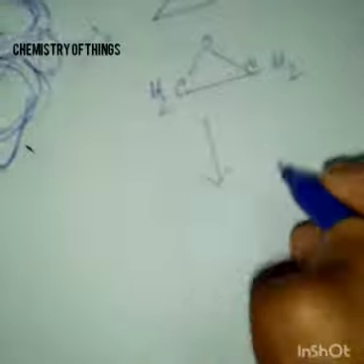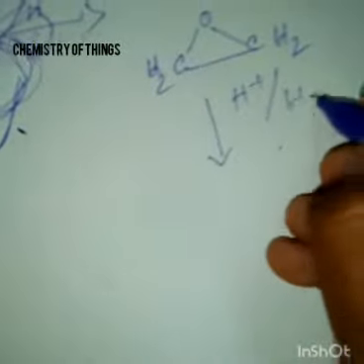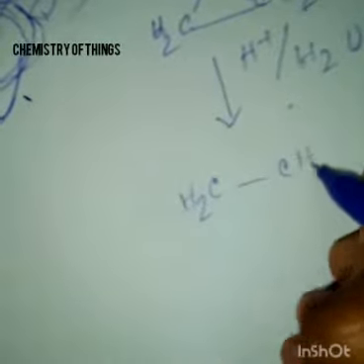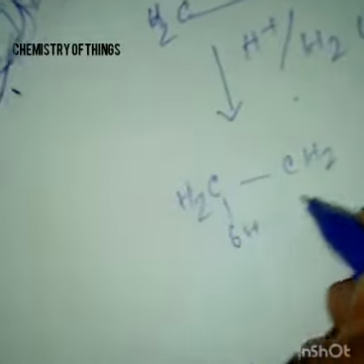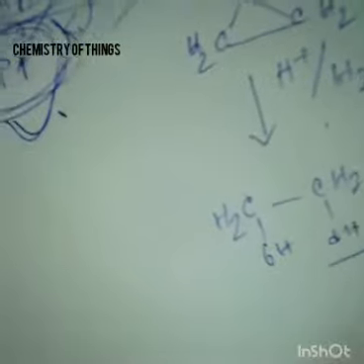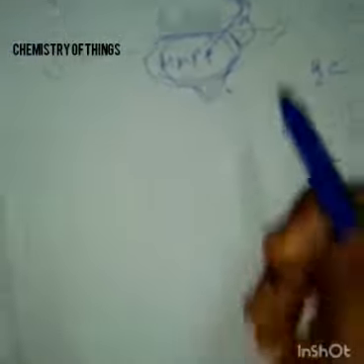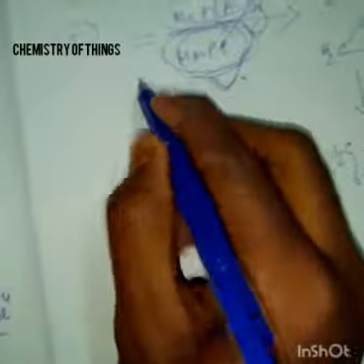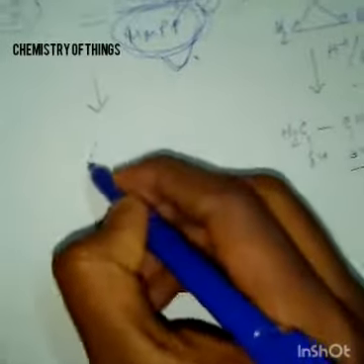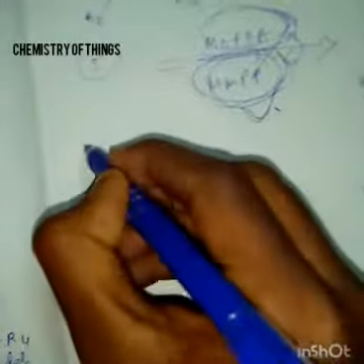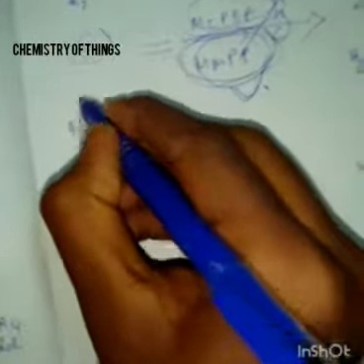Now if you just do H plus hydrolysis, it will be CH2OH. Again, if you want to convert an alkene from this to this, you can use another thing, that is peracetic acid.